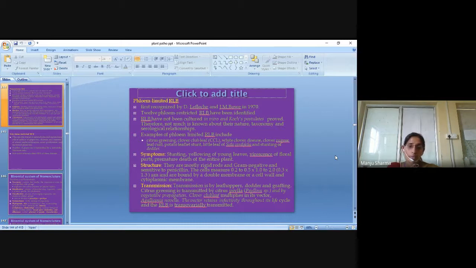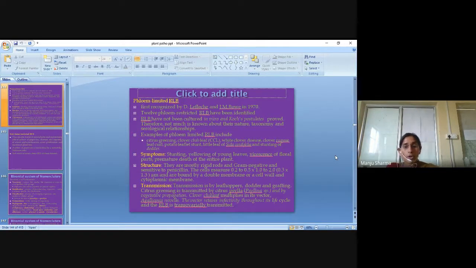Their symptoms are stunting, yellowing of young leaves, virescence of floral parts, and premature death of the entire plant. As for structure, they are mostly rigid rods, gram negative and sensitive to penicillin.